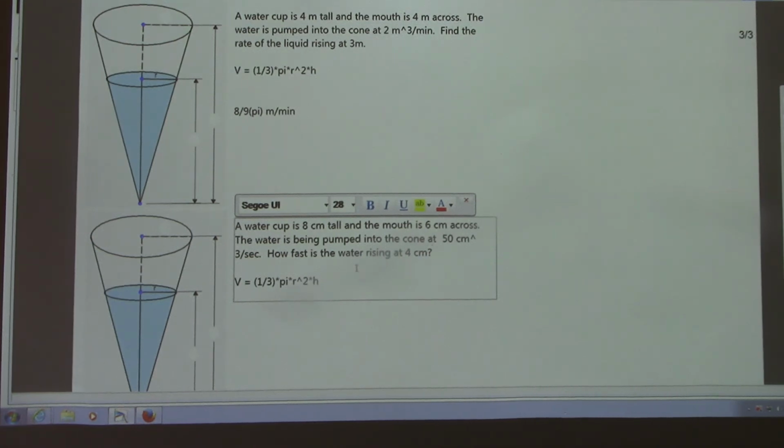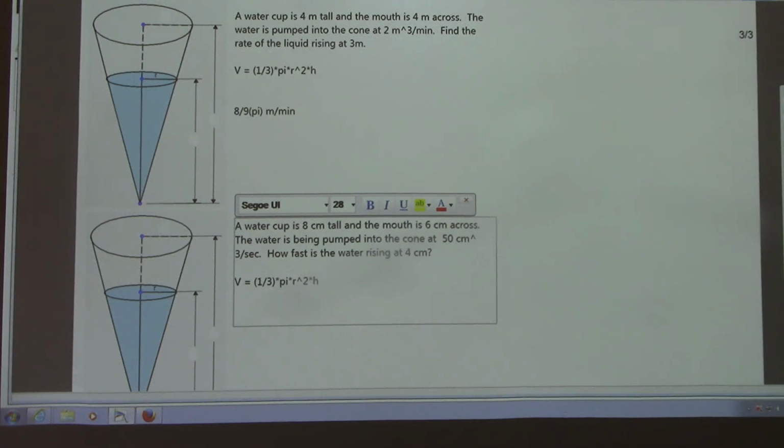Okay, I will tell you that, of course, dV/dt is 50 cubic centimeters per second. It's 8 centimeters tall, and 3 centimeters is the radius. Do exactly like we did. Find your similar triangles, set it up in your volume, and then take the derivative with respect to t.